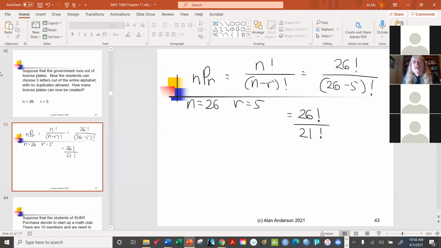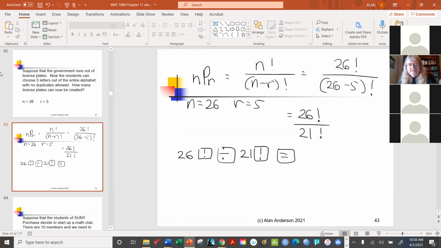Now, those are both enormous numbers. So in your calculator, what you want to do is put 26 factorial divided by 21 factorial. Don't forget the equal sign. And you should get, ooh, that's a big number. 7,893,600.